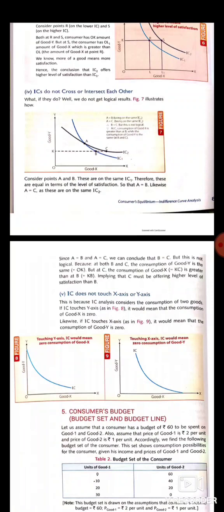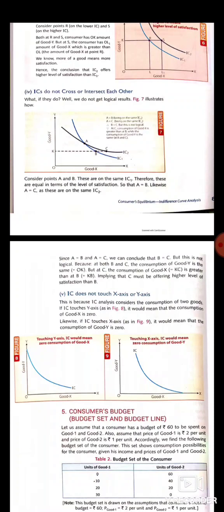Here in figure 8, the indifference curve touches the y-axis, meaning at that point the consumer is consuming only commodity y. He is consuming 0 units of commodity x. Similarly, when the indifference curve touches the x-axis, in that situation the consumer consumes only commodity x and the consumption of commodity y is 0.